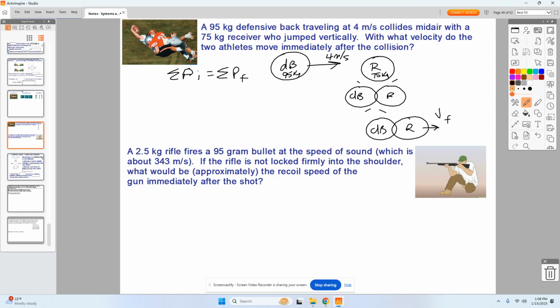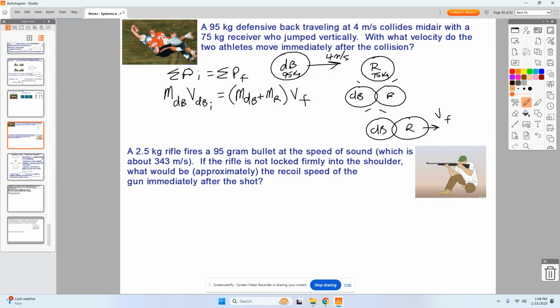Before the collision, we have the mass of the D-back times the velocity of the D-back. They hit, they stick together, and how I'd write that now is the mass of the D-back plus the mass of the receiver multiplied by the final velocity.